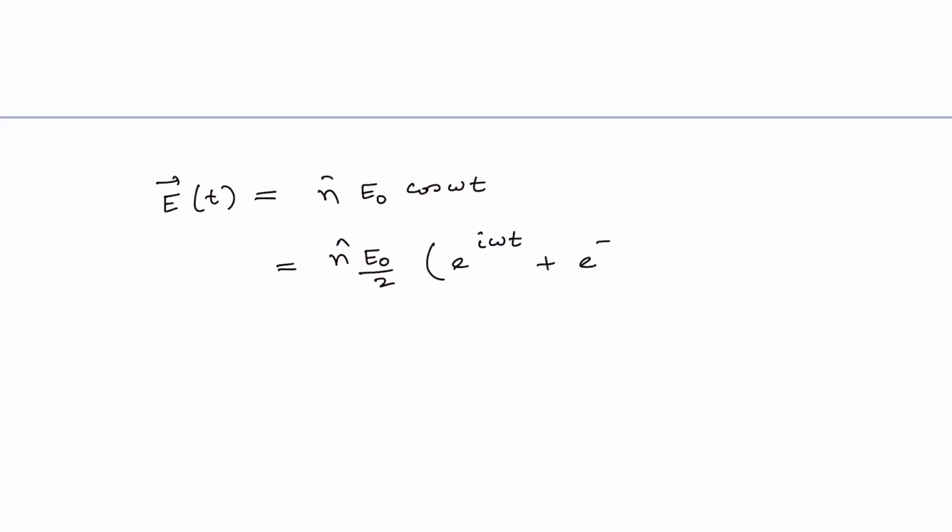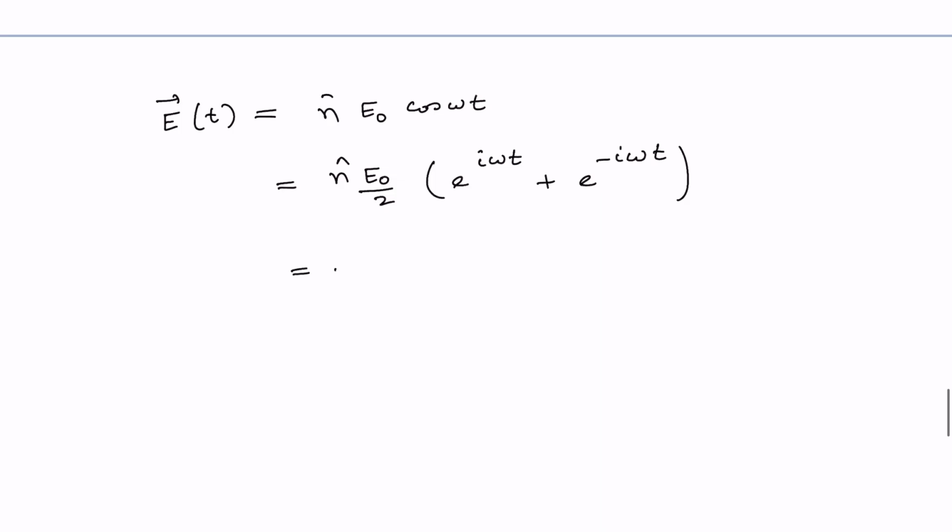Now note that the electric field that we have written for the light field, E of t, is equal to η E0 cos ωt, where η is the polarization, E0 is the amplitude, and ω is the light field frequency. I can write this in this form as well: η E0/2 times e to the power iωt plus e to the power minus iωt.